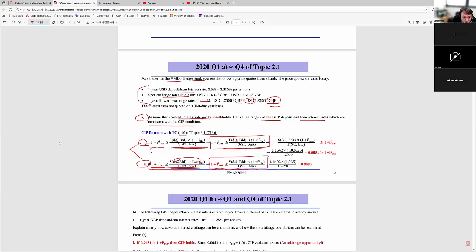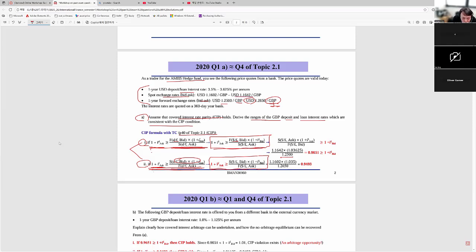So once I plug in all the numbers, the dollar per pound, the GBP USD bid rate, what is the forward rate? The bid rate is this one, 1.25. Yeah, 1.25 for this one. The pound bid rate is not given, so we want to get the range of this one. And the dollar per pound ask is 1.1642.